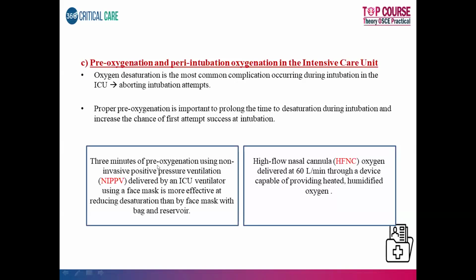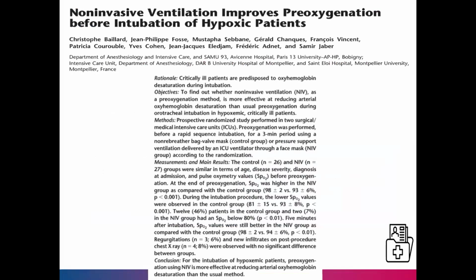So 3 minutes of pre-oxygenation using non-invasive ventilation, delivered by an ICU ventilator, is more effective in reducing desaturation than a face mask with bag and reservoir. Also, HFNC with 100% FiO2 and a flow of 60 liters has also been shown to be superior compared to bag mask ventilation. So there are many studies which showed the benefit.